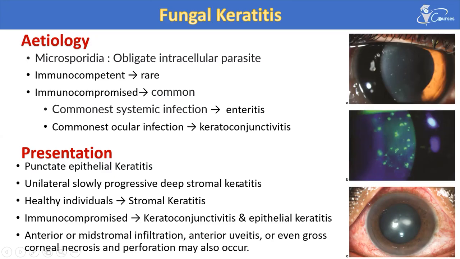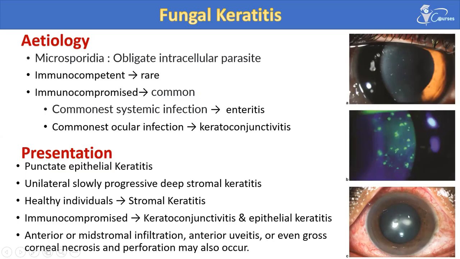So this is the classic presentation. Actually, for patients who are healthy, it will cause stromal keratitis, but for immunocompromised, it will tend to cause keratoconjunctivitis and epithelial keratitis. Other manifestations can also occur, like anterior mid-stromal infiltration, anterior uveitis, or even gross corneal necrosis and perforation, especially in immunosuppressed patients.